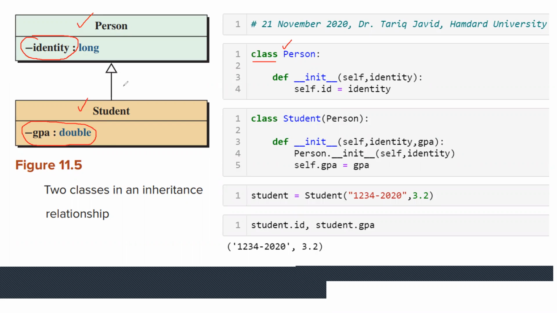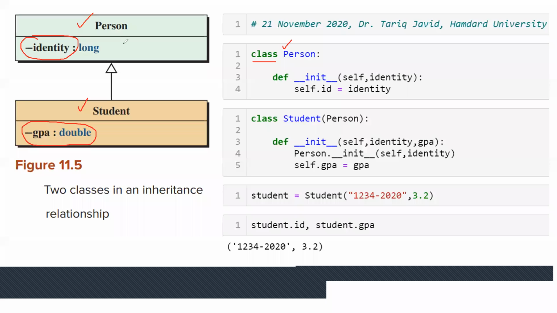So because of this inheritance, this relationship, student is a person. But a person can also be another, for example, a person can be father, mother, teacher, employer or employee.